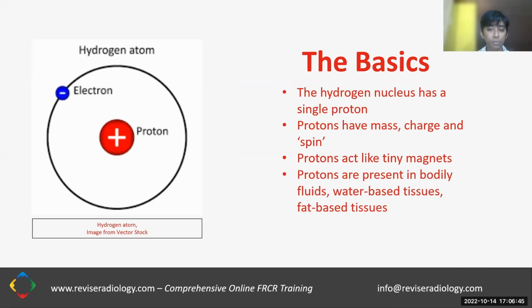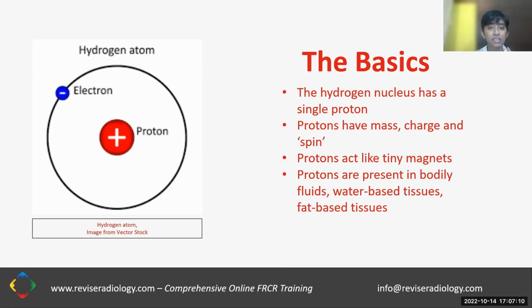Let's start from what is a proton. So the hydrogen nucleus has a single proton inside it. A proton is a subatomic particle. It's got mass, it's got a positive charge, and it's got something called spin. So just the way that the Earth spins on its own axis, protons have spin as well. And because it's a charged particle that is spinning, it acts like a tiny little magnet.